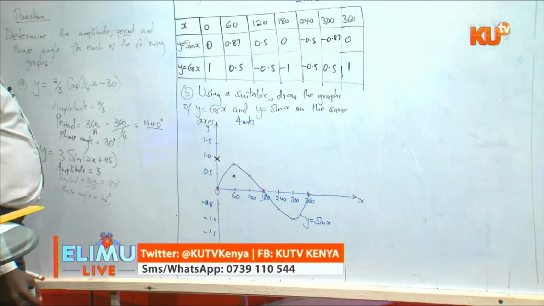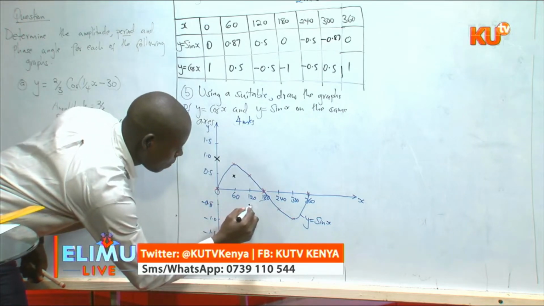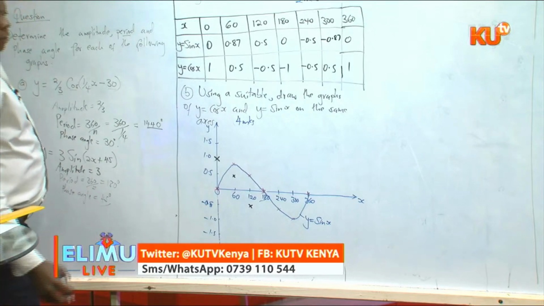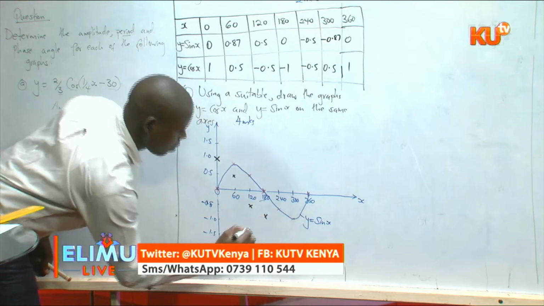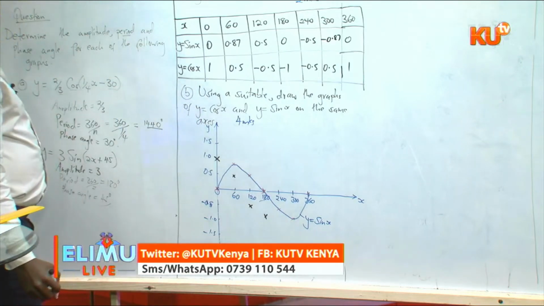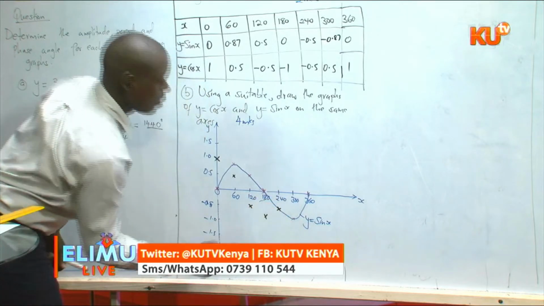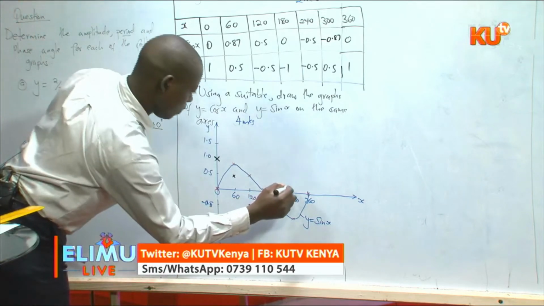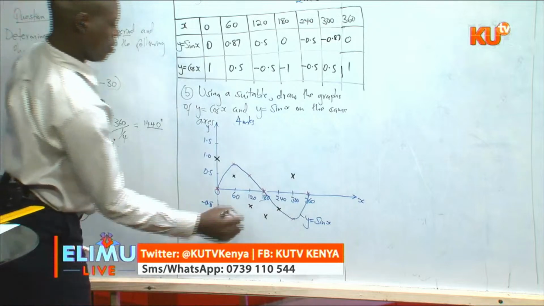When it's 120, negative 0.5. When it's 180, that is negative 1. 240, negative 0.5. 300, 0.5. And 360, 1.